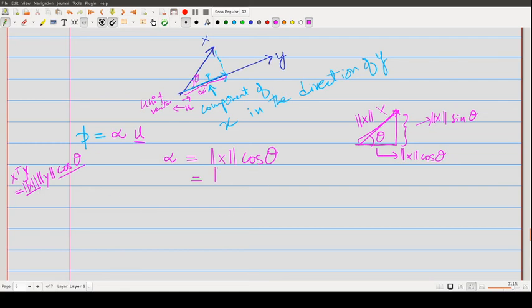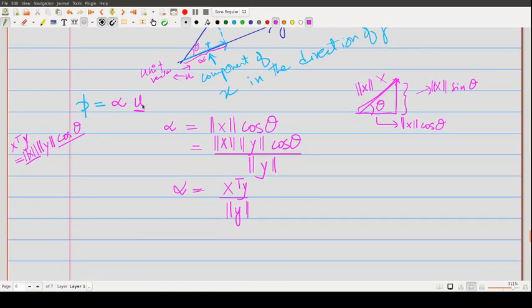So if I multiply by magnitude of y here, I of course can't do something like this without compensating for it. So if I'm multiplying it, I'm dividing it as well. Now this top thing just becomes x transpose y, that is their scalar product, and it's divided by the magnitude of y. So that's how you find alpha.